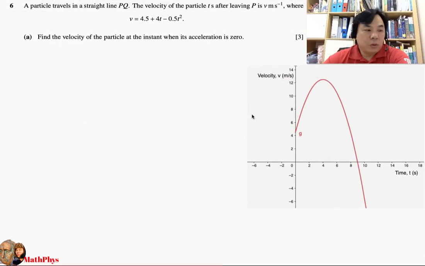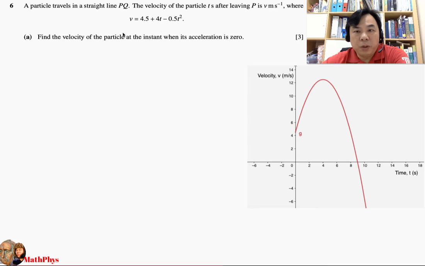Right, welcome back. Question 6. Again, we're going to read that through. A particle travels in a straight line PQ. The velocity of the particle t after leaving P is v meter per second, where v is equal to 4.5 plus 4t minus 0.5 t squared. Here we are going to find the velocity of the particle at the instant when its velocity is 0.